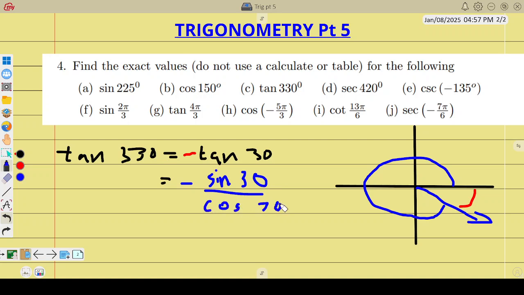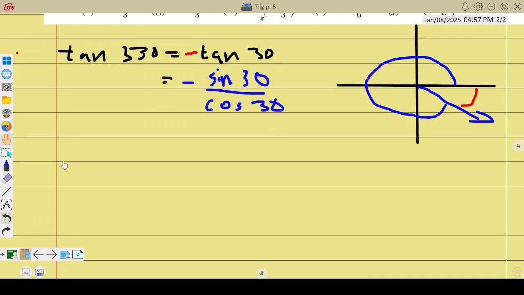So tan 30 is equal to sine 30 over cos 30. Our job here is to calculate what is sin 30, and then also calculate what is cos 30. Okay, so that sounds like a lot. So we say this will be equal to negative.